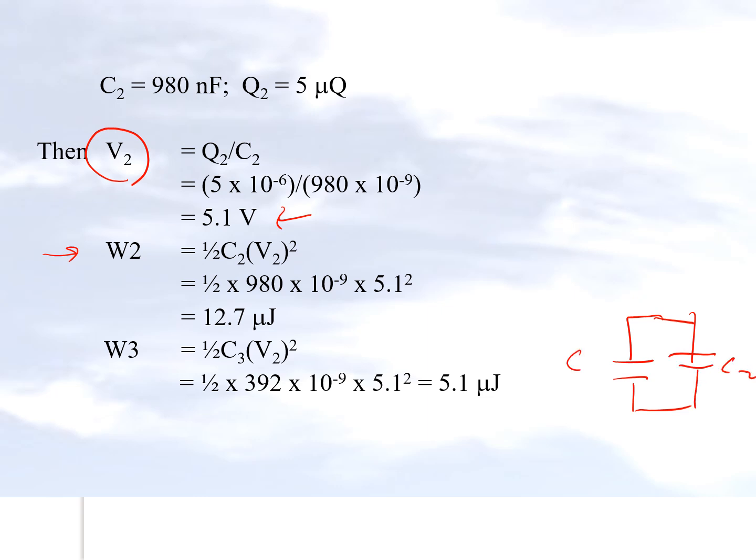If they are in parallel, this means that they have the same voltage. So the energy stored in capacitor 3 would be 1/2 C3 V3 square. We know C3, and V3 is equal to V2, so we substitute it here and we can obtain the energy.